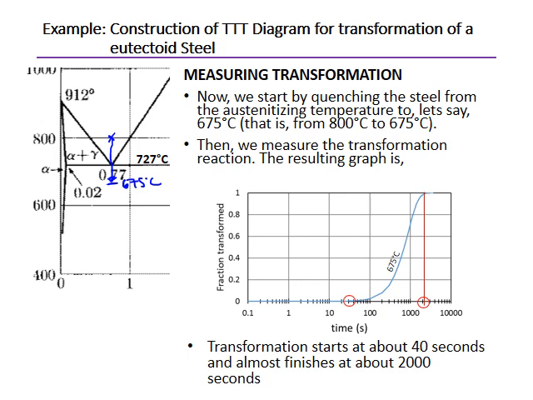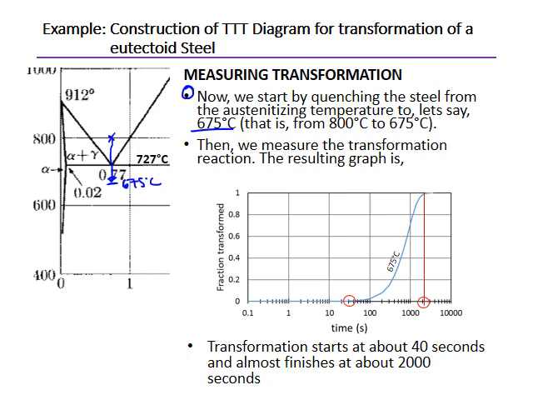So we quench the steel from 800 to 675 Celsius, and then by using the hot platina microscope or X-ray diffraction or whatever we have at hand, we start to measure the transformation. So for this example, let's say that we are noticing that at 40 seconds into the experiment, the transformation starts to happen.